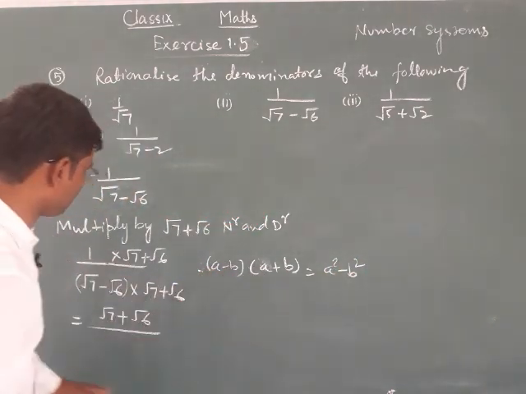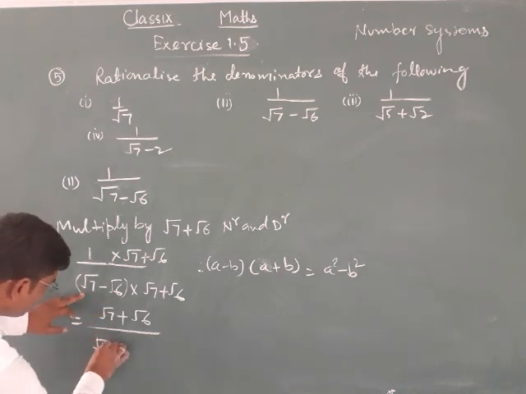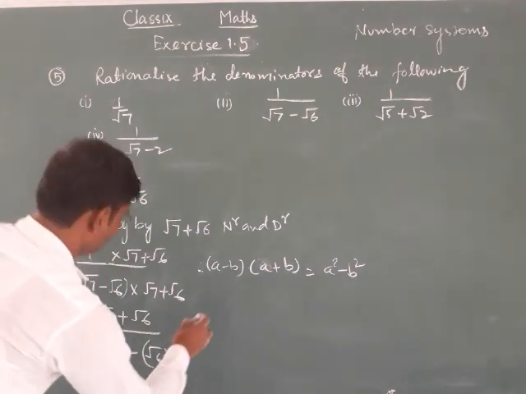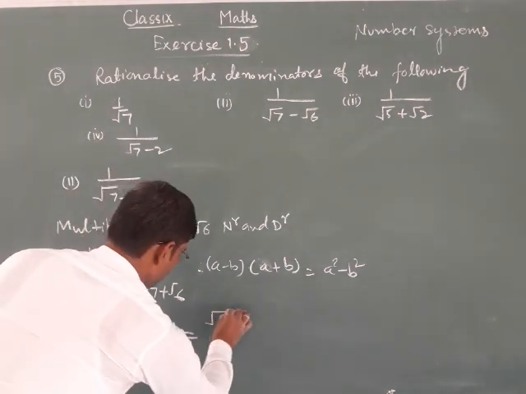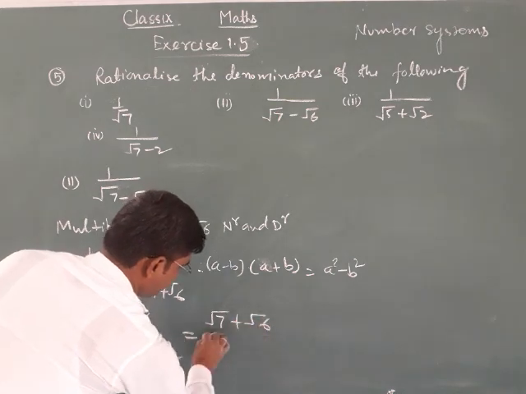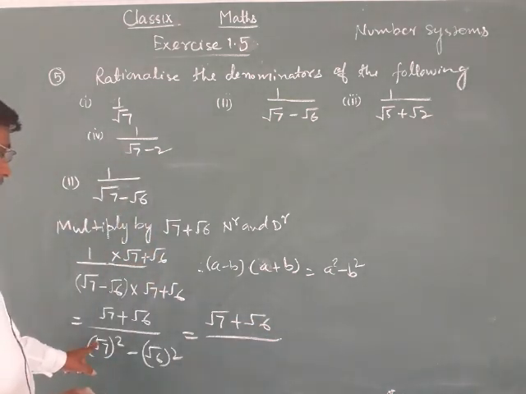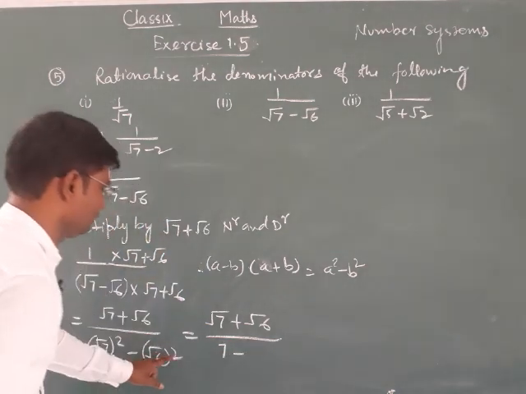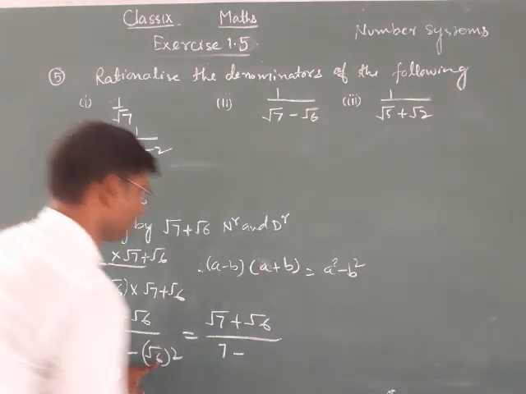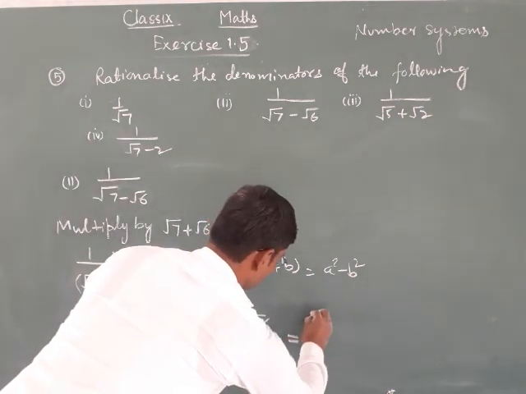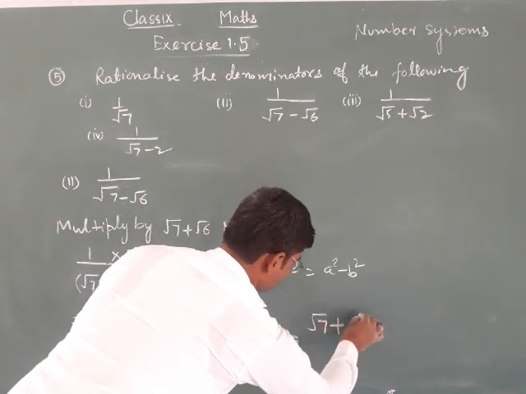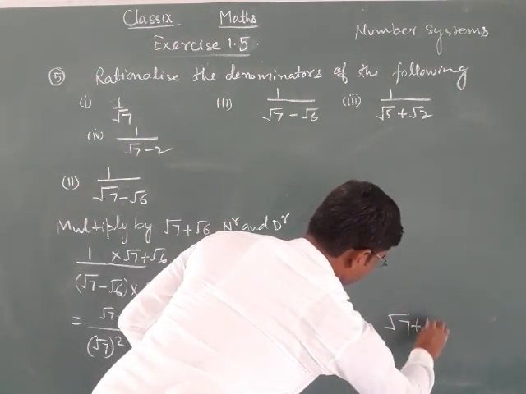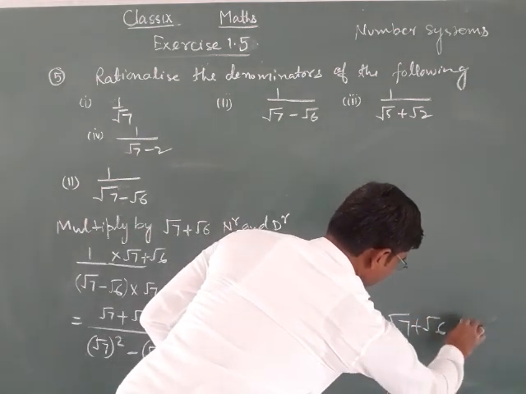So root 7 square minus root 6 square is equal to root 7 plus root 6 upon, the root and square cancel out, 7 minus 6, which is 1. So the result is root 7 plus root 6. This is the answer.